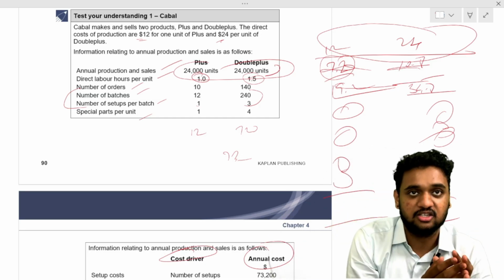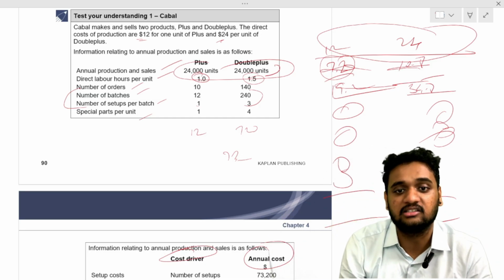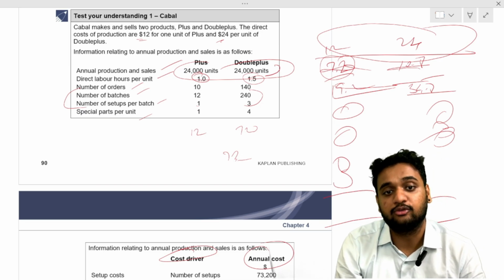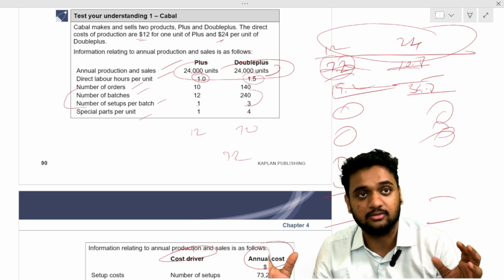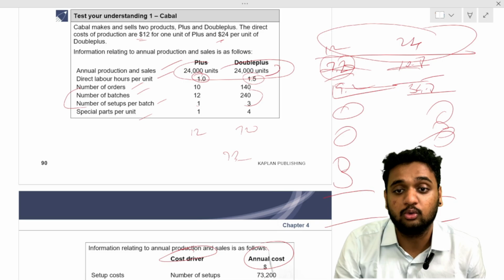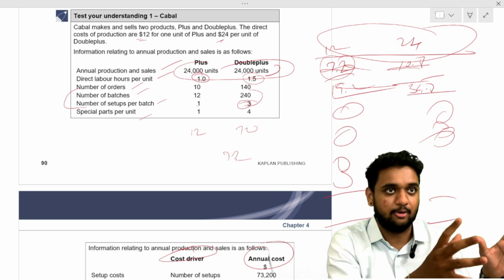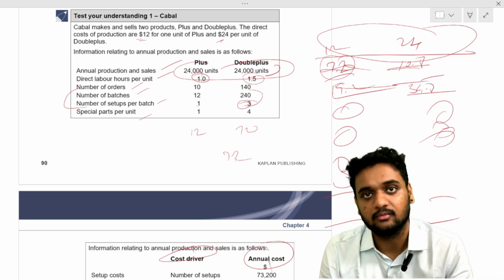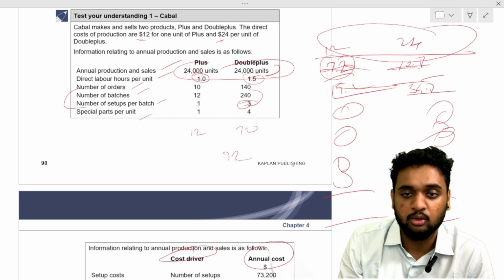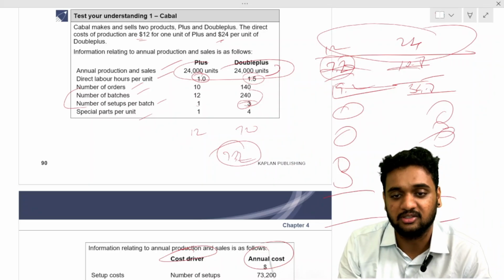After every batch, I have to do one setup in the case of Plus. Whereas in Double Plus, I have a total of 240 batches, and for every batch I have to do 3 setups. Setup means setting up the machine. So total setups are 1 into 12, that is 12, plus 3 into 240, that is 720. So the total number of setups is 732.